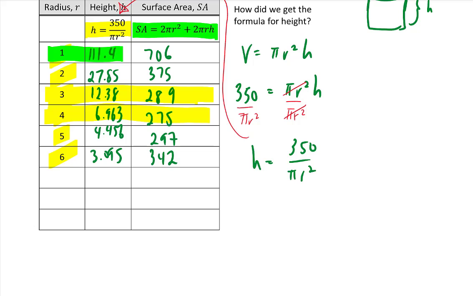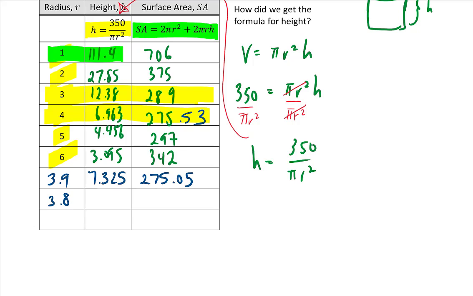So next let's go to 3.9. If I type in 3.9, when I go to find the height, I end up with 7.325. And I end up with a surface area of 275.05. So it looks to be a bit bigger, but I didn't round my first one. This was 275.53. So it is a little bit lower.